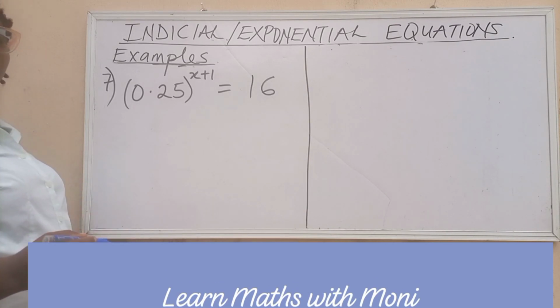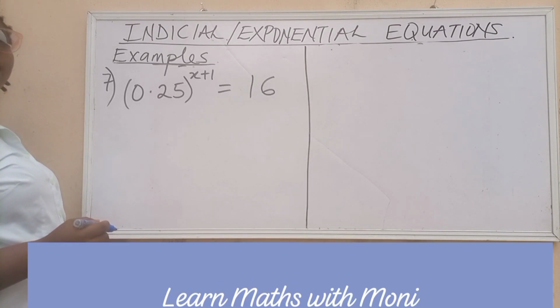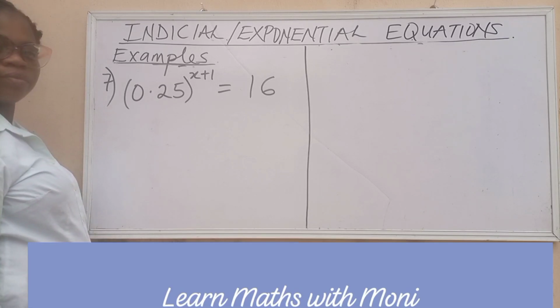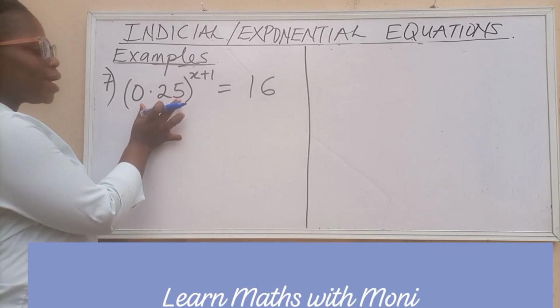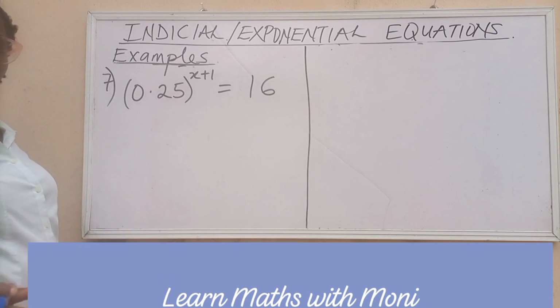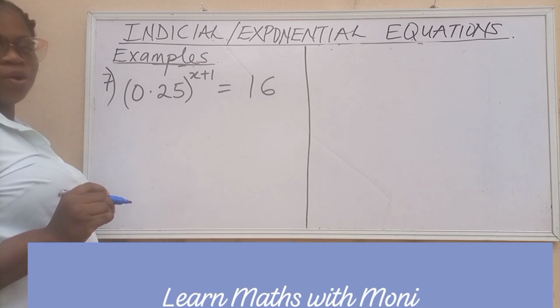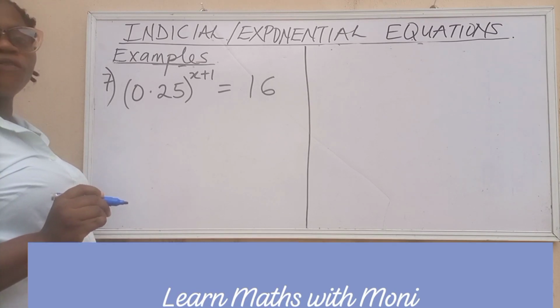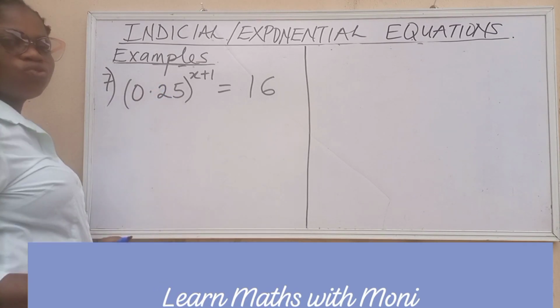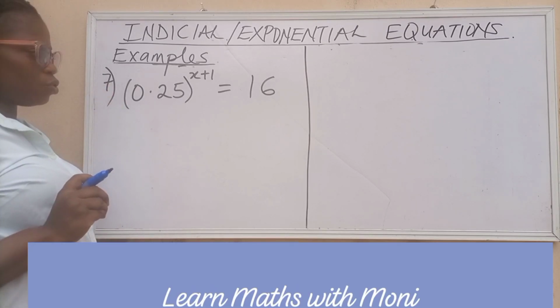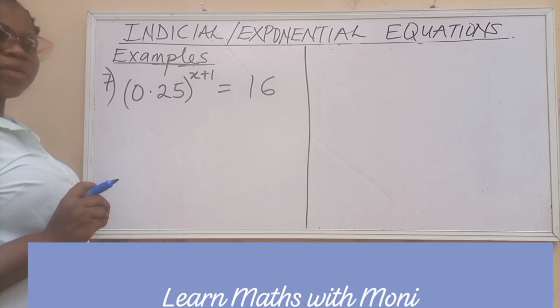0.25 raised to power x plus 1 equals to 16. We have to write 0.25 as a regular fraction with numerator and denominator. So let's seek to convert this decimal fraction to a regular fraction that has numerator and denominator. We go there again.